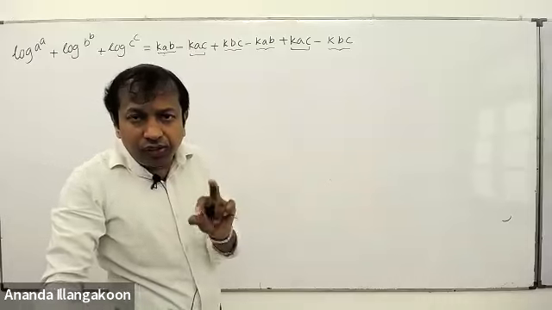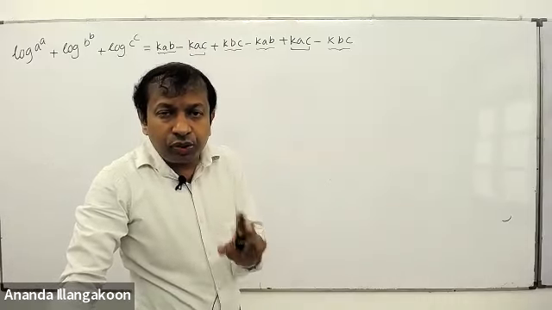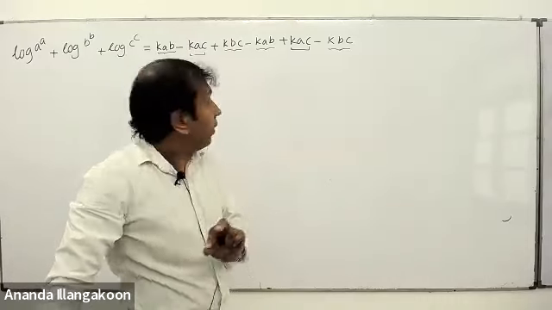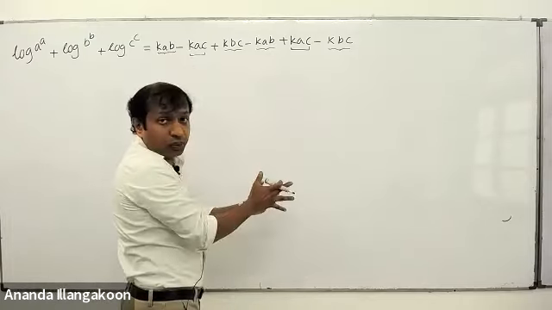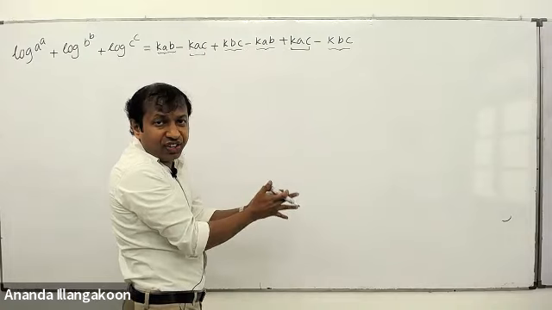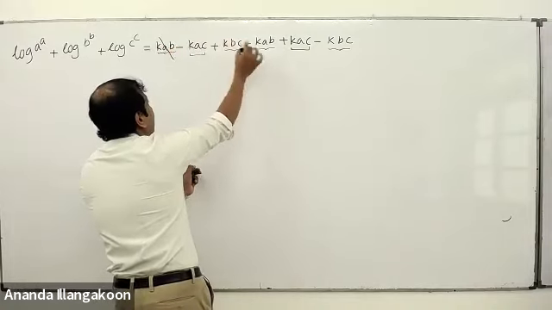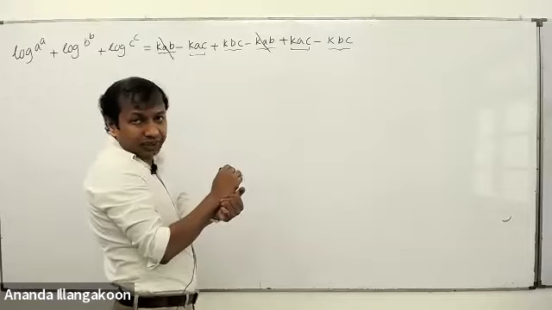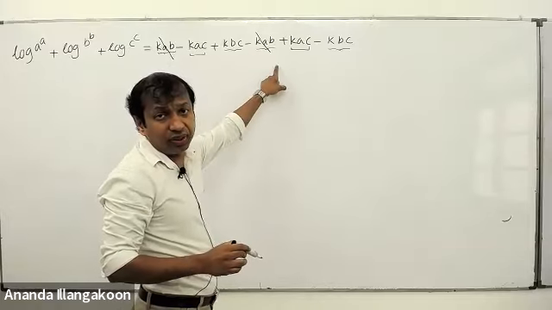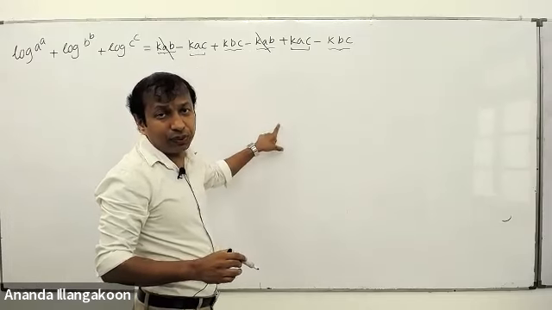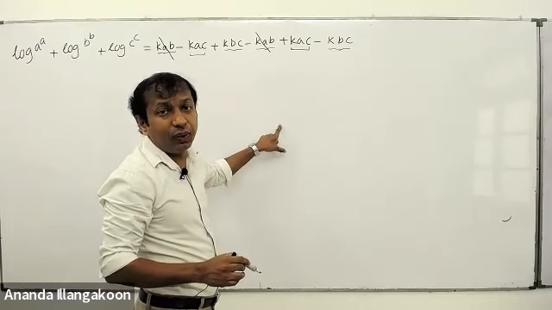People, usually when we do the simplification, this kb minus kb is 0, no? That we show by cancelling like this. Understand? This kb will cancel with this kb, kb minus kb is 0. That way we denote it.